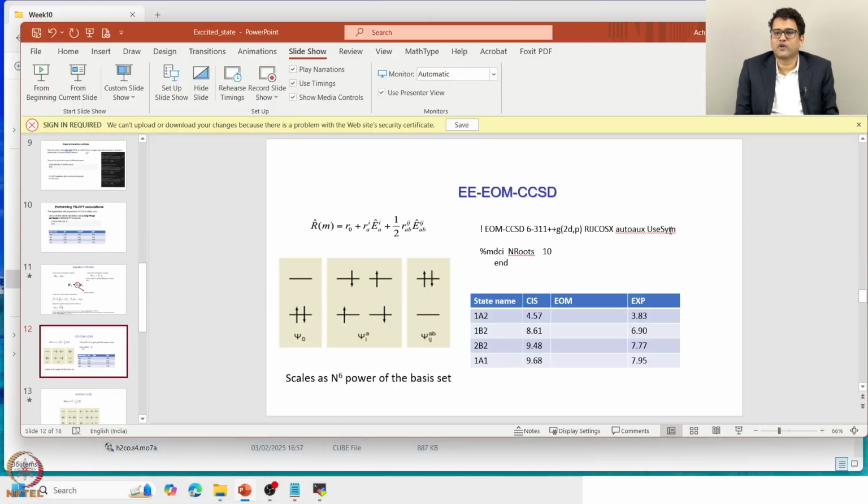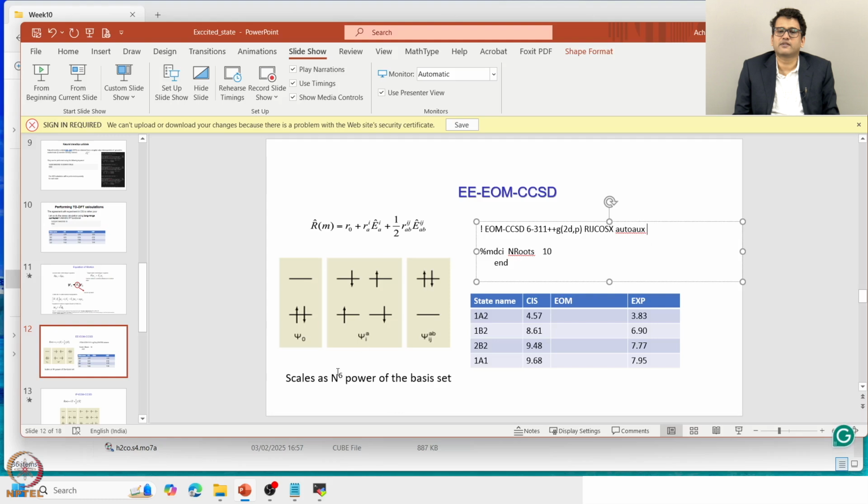The things which you can change: EOM-CCSD methods in ORCA currently cannot use the symmetry option, so I have removed it, and also because I am now doing electron correlation, I also need the auto-aux option to fit the correlation basis, the auxiliary correlation basis set. You could have used any other auxiliary basis set also for doing this calculation.